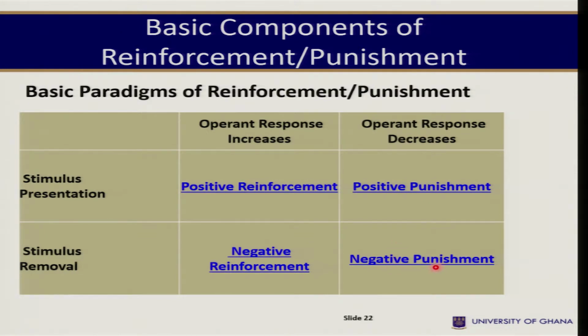With the negative punishment, you remove the stimulus. Here you remove the pleasant stimulus so that you minimize the occurrence of certain behavior. Like we gave an example of a child who fights the siblings and is punished. That behavior is punished by not allowing the child to watch the favorite program. So you remove that favorite program from the child's environment.